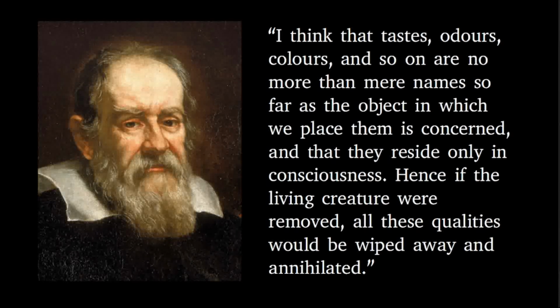Hence, if the living creature were removed, all these qualities would be wiped away and annihilated." So for Galileo, these sensible qualities, the qualities of perception, reside just in our minds. They don't correspond to anything in the external world.